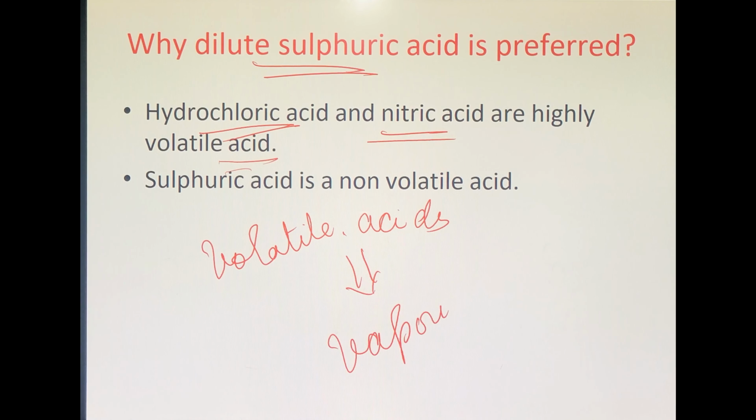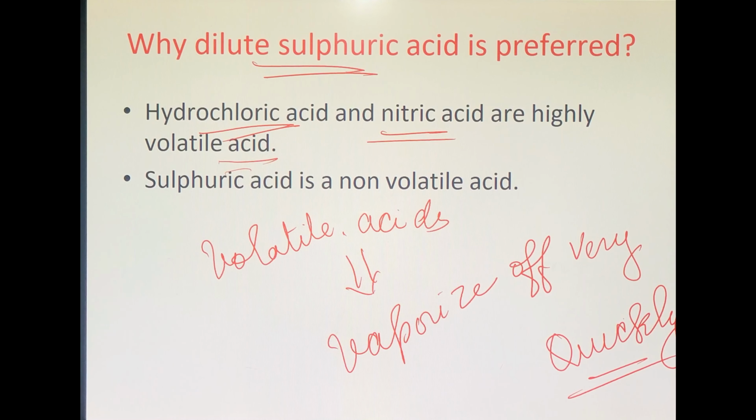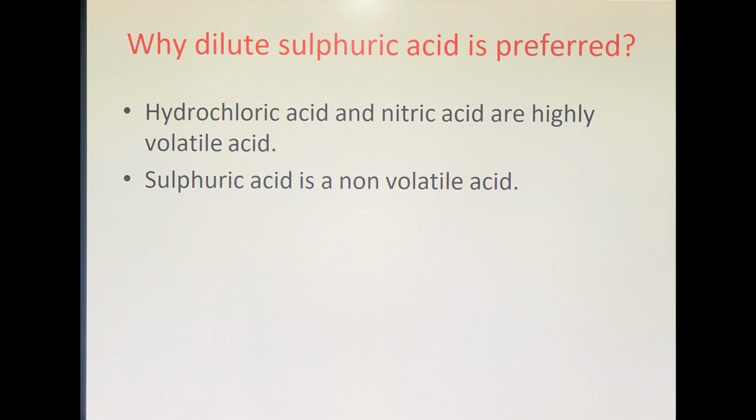That means they vaporize off very, very quickly. So what is going to happen to them? The moment I put them into water, they might not even stay in that water. They will go off in the form of vapors. Clear? So remember this term, it will be used many times in ICSE grade 10. So that is the reason why we are not preferring nitric acid as well as hydrochloric acid.